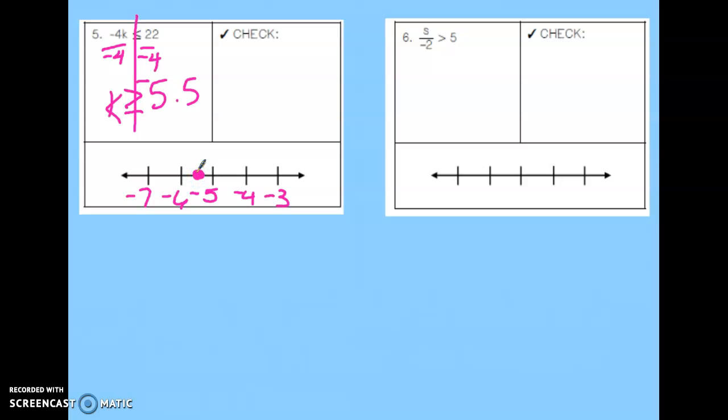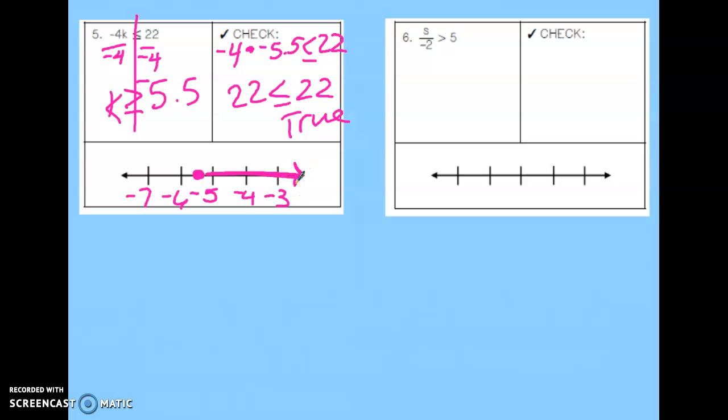I'm going to check my answer before I finish graphing just to make sure I have the right thing. Multiply that out, and this is a true statement, which is why we're shading it in. Now k is greater than or equal to negative 5 1/2, so these numbers that are greater than or equal to go in this direction.